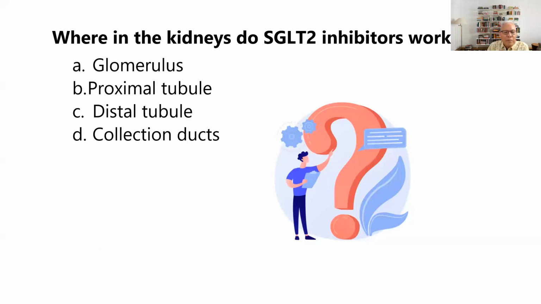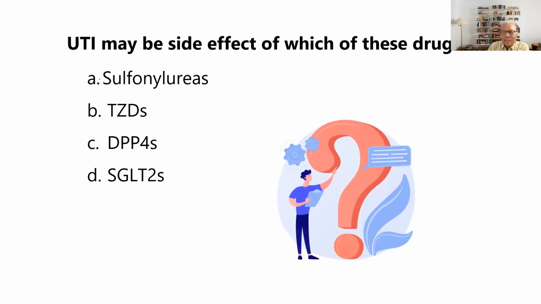Okay, so you remember that your SGLT2 inhibitors work in the proximal tubule of the kidney. So the correct answer is letter B. Okay. And let's go to the next one.